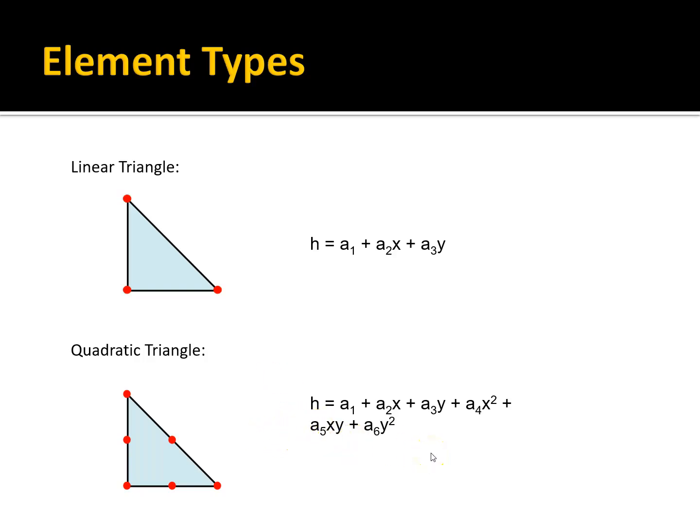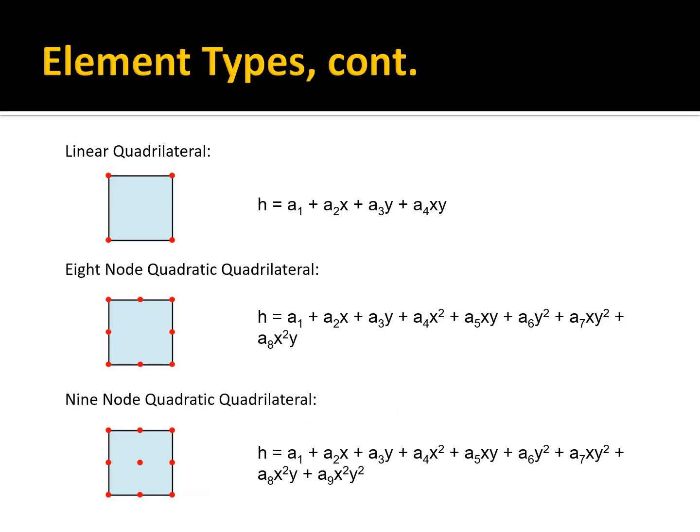It's a 6-node triangle. Likewise, for quadrilateral elements, you can have 4 nodes, and a linear quadrilateral is shown by this equation. It's not quite a plane, but if you go in any one direction, like between these nodes or between these nodes, it varies as a line, so it's kind of like a warped plane.